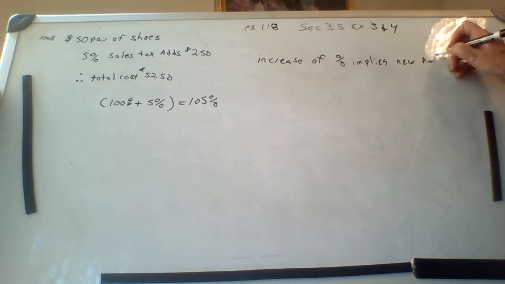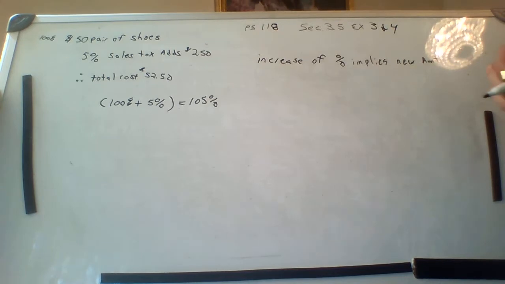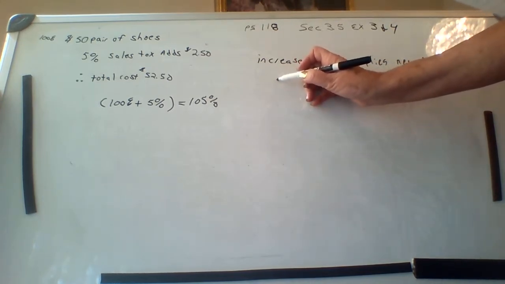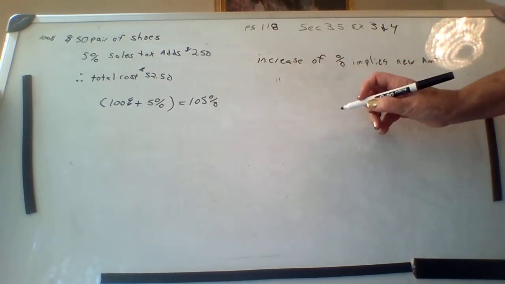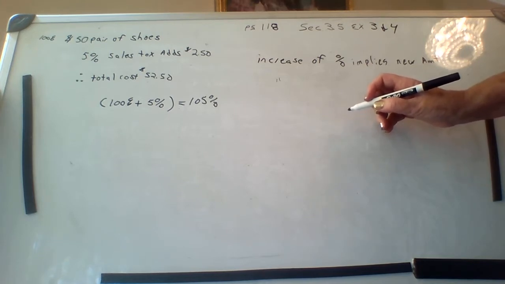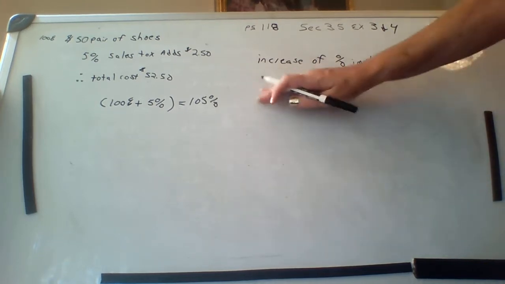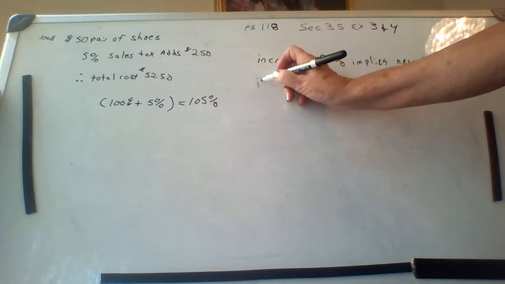I'm just abbreviating here. Or you could have the increase of the percent. So another way to look at this is you have the increase. I'll write this out too.